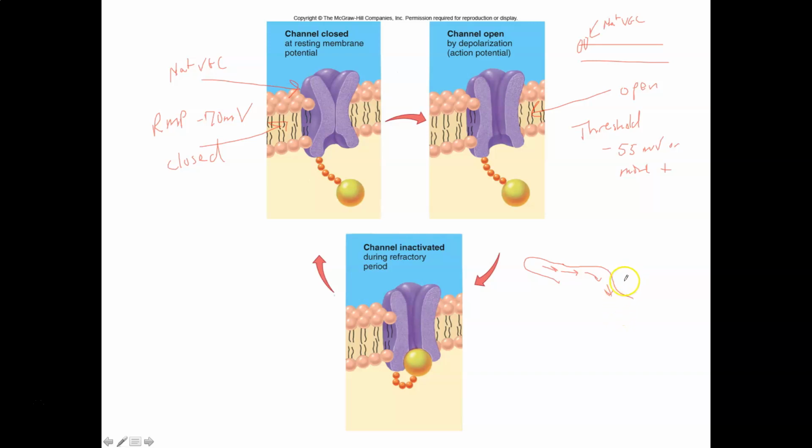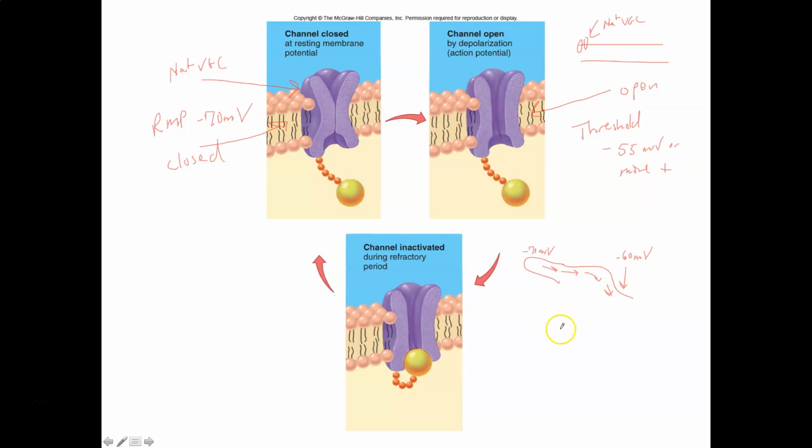And let's say when it gets to the axon hillock, you're only at negative 60 millivolts. The change was from negative 70 millivolts to negative 60 millivolts. If you're at negative 60 millivolts, you're not going to open the sodium voltage-gated channel because you haven't reached threshold. You haven't reached that negative 55 or more positive.